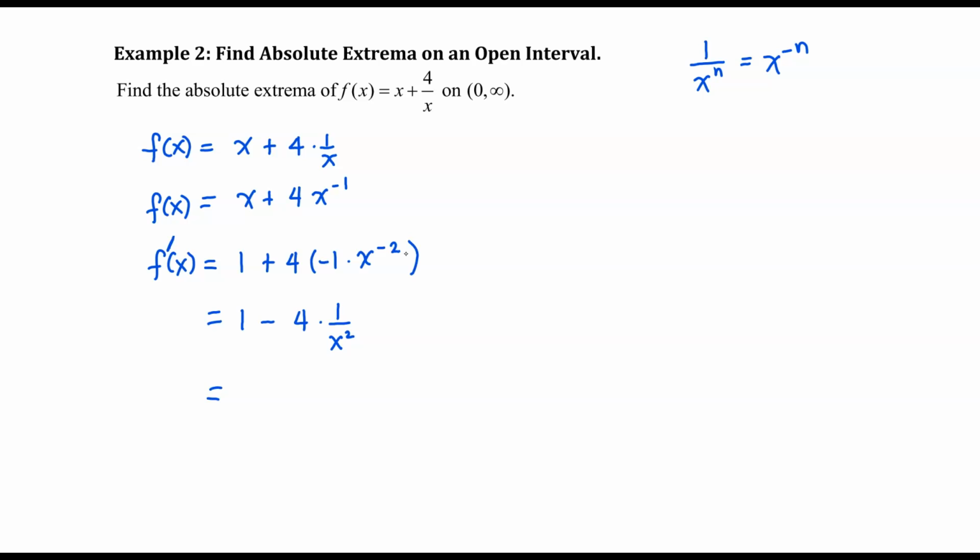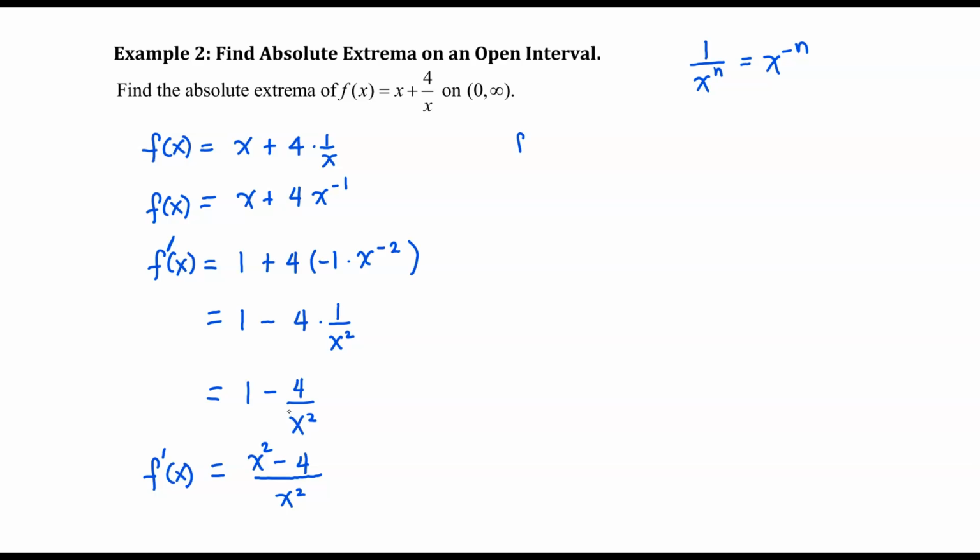Then this is equal to 1 minus 4 over x squared. We can write 1 as x squared over x squared, and then write this as a single fraction: x squared minus 4 over x squared. That is your f prime of x.